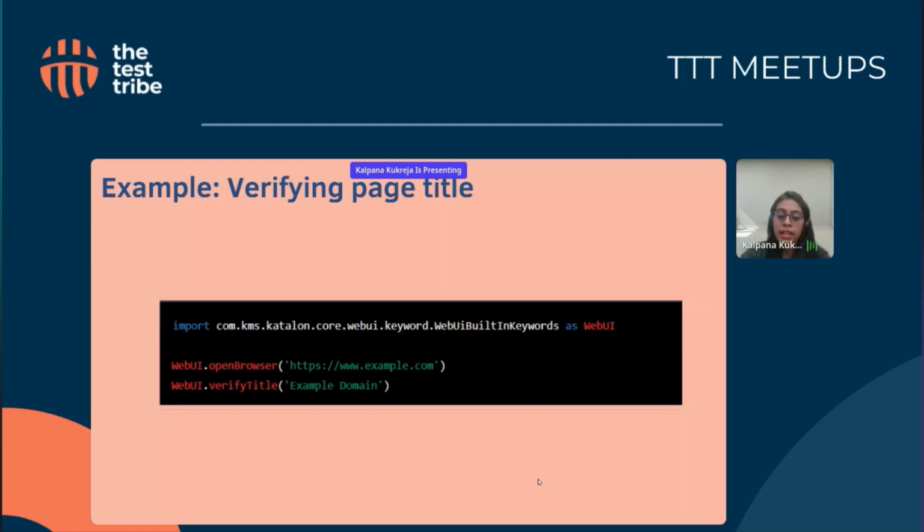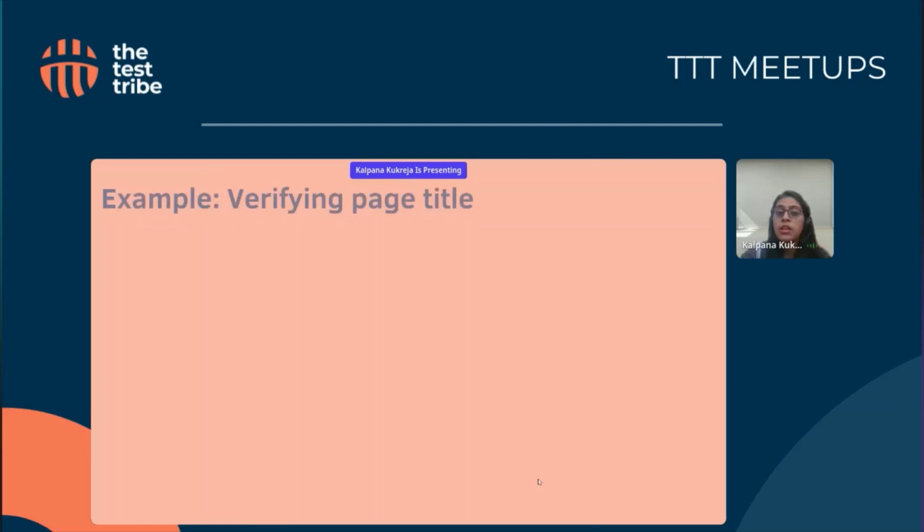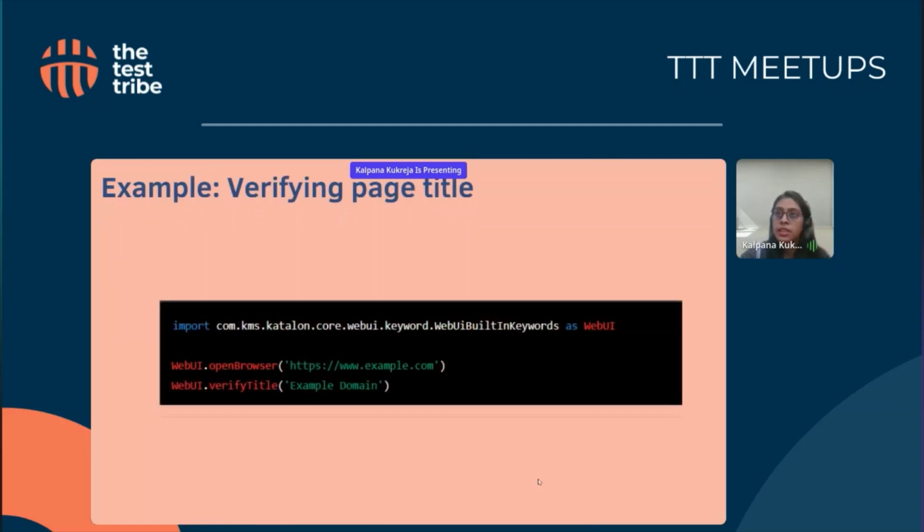So this verify title is the already built-in component which covers my 8 lines of code, which is: first get the current title of the page, then store it in a variable, then get the expected title, store it in another variable, then compare both the titles, and then throw the output. All of these steps are already covered in just one wrapper, that is verify title.